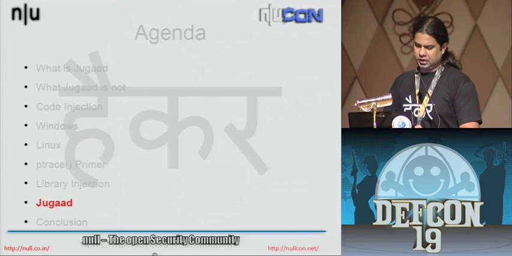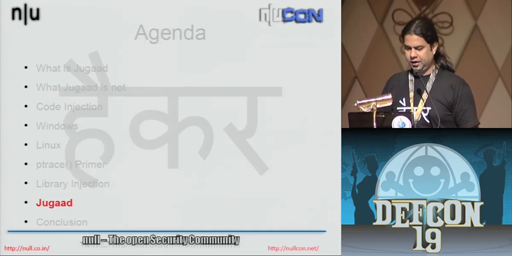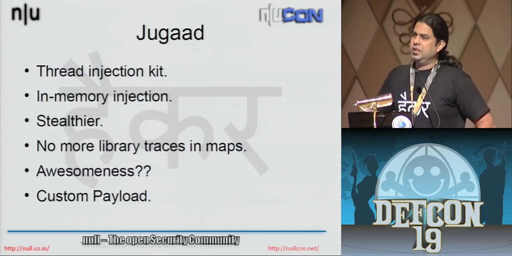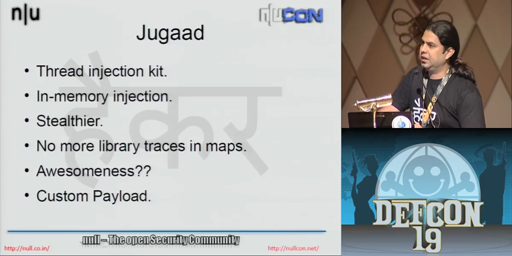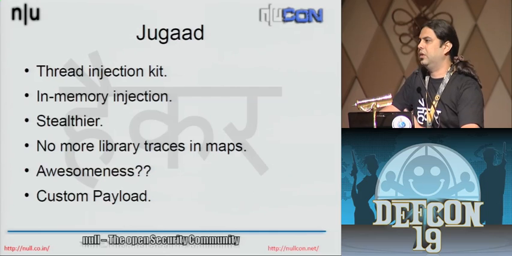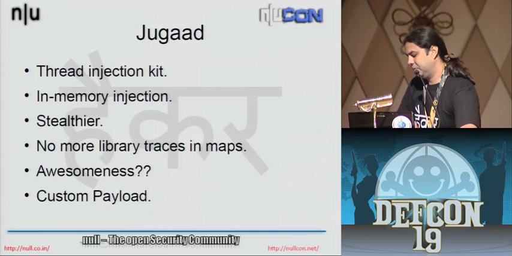Okay, so now coming back to the library that I've created. Instead of injecting a shared object, I give the framework to people who want to use it to inject a shellcode instead of injecting the whole library.